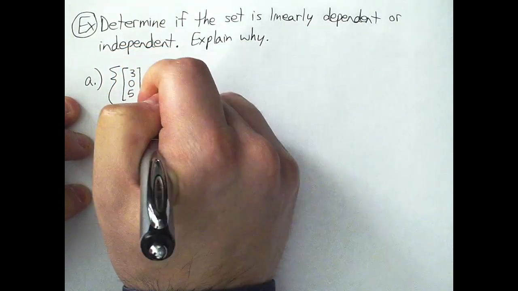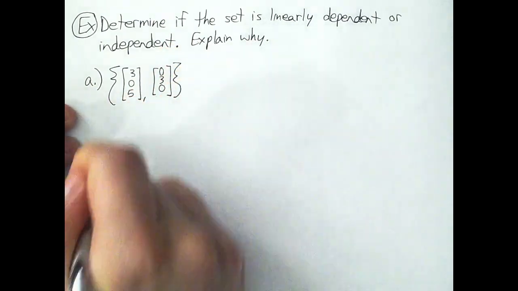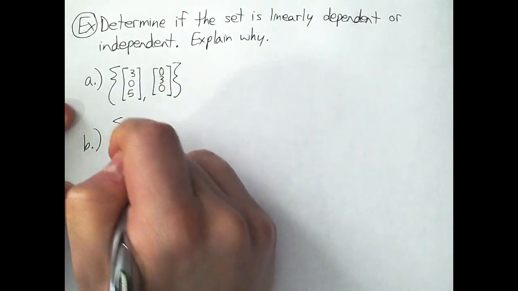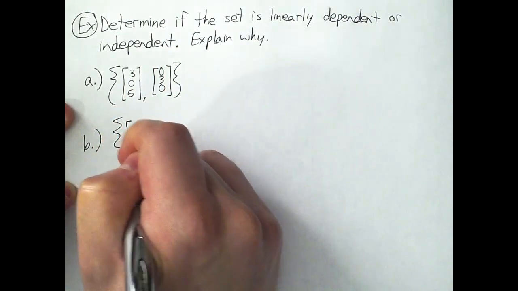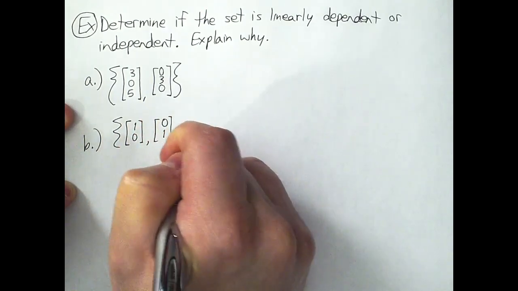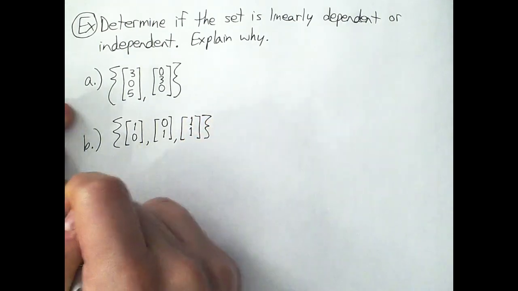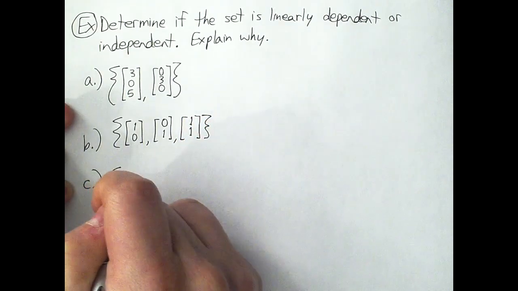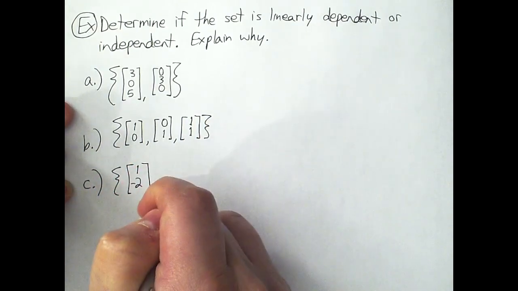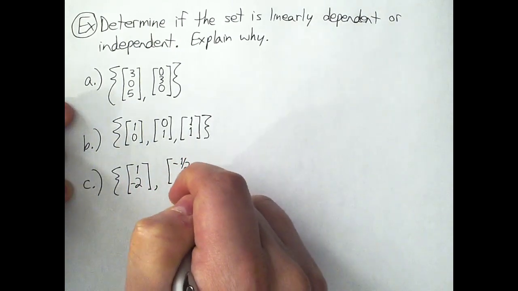Part A, the set containing the vectors 3 0 5 and 0 3 0. That's our first set. Part B, the set containing the vector 1 0, the vector 0 1, and the vector 1 1. Part C, the set containing the vector 1 negative 2, and the vector negative 1/2 1.